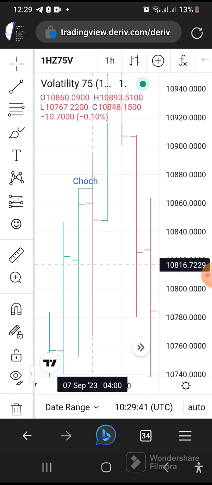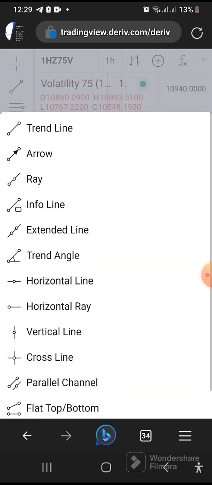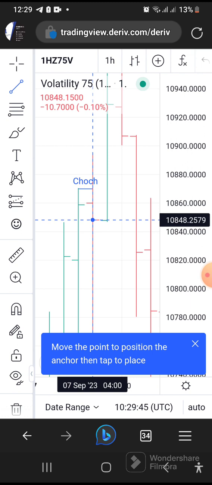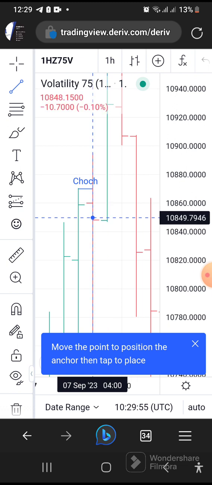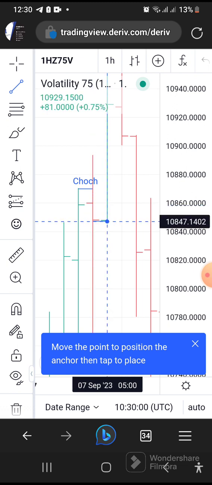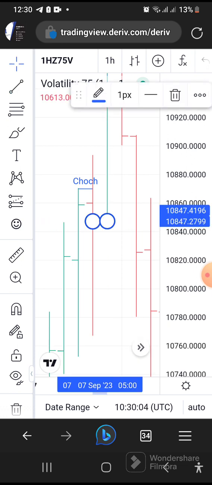But because price is liquid and has a lot of volatility, just after this change of character another reversal took place and price started trending in an up direction, which was a lower high. So we're going to mark that out as a reversal, guys.